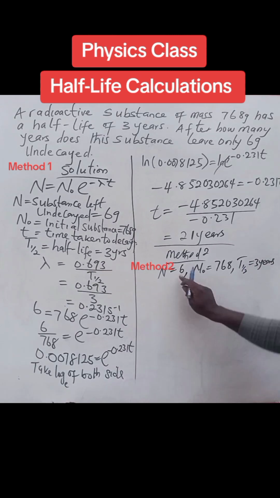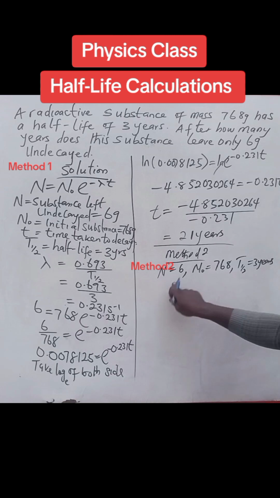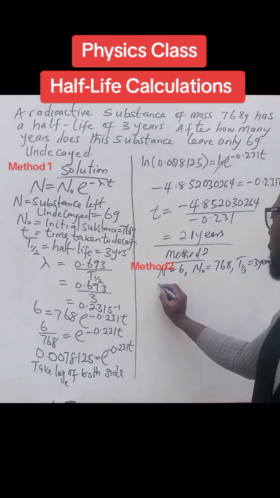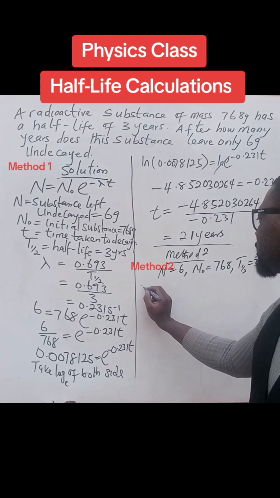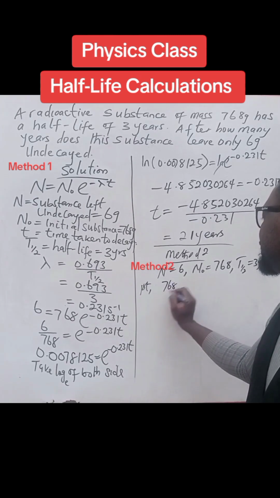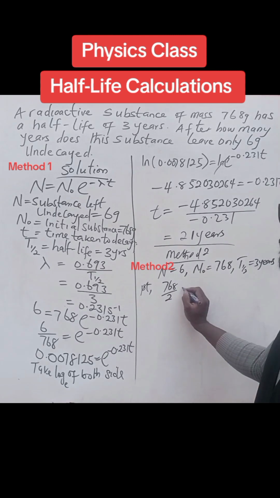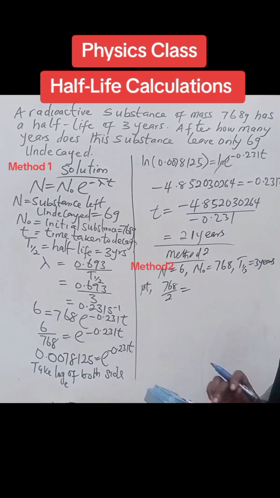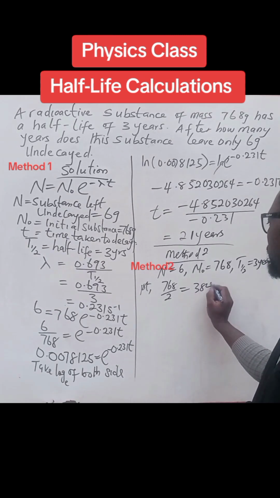So let's find out the number of times it will take this substance to decay. First, 768 divided by 2 gives 384.